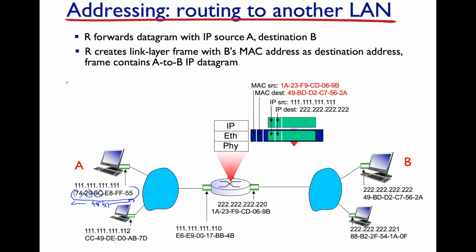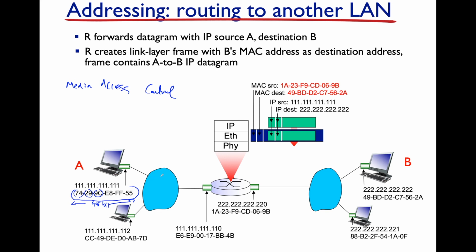Now, MAC address stands for Media Access Control Address. And the MAC address is unique for the network interface card, and it identifies that network interface card to all other nodes on the same communication medium, on the same network.